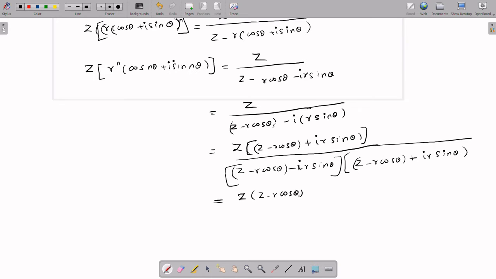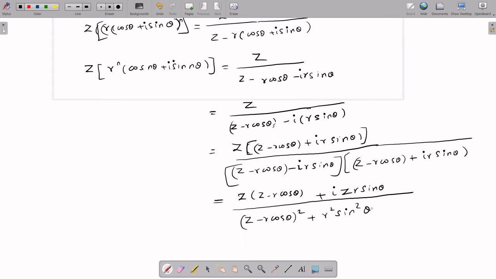So here we have this term, z into z minus r cos theta plus i z r sin theta, divided by, this is of the form a minus b into a plus b. So z minus r cos theta the whole squared plus r squared sin squared theta.